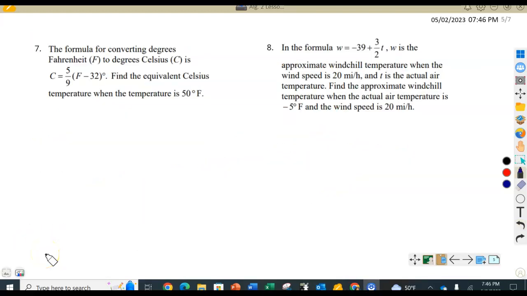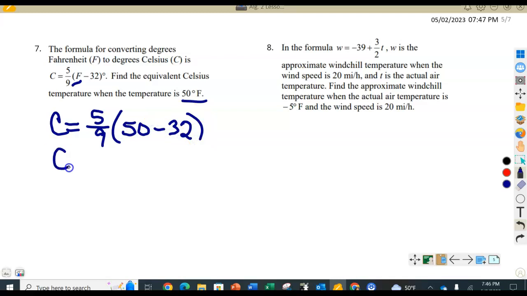All right, the next example says the formula for converting degrees Fahrenheit to degrees Celsius is C equals 5/9 times F, which is Fahrenheit, minus 32 degrees. Find the equivalent, so find the equal amount of Celsius temperature when the temperature is 50 degrees Fahrenheit. So all we have to do is take 50 degrees Fahrenheit, substitute it in, and solve for C. So we're going to have C equals 5/9 times 50 minus 32. 50 minus 32 is 18.